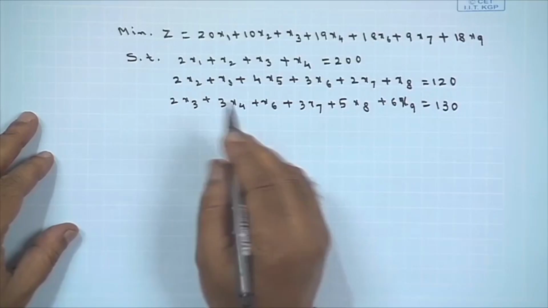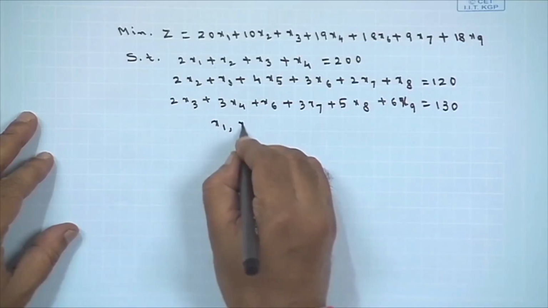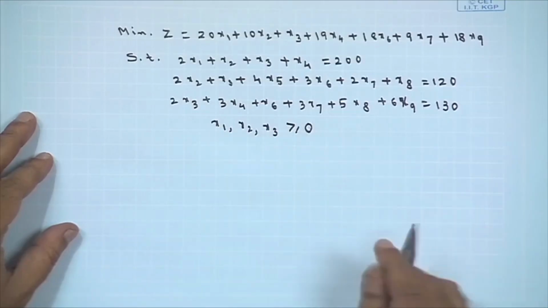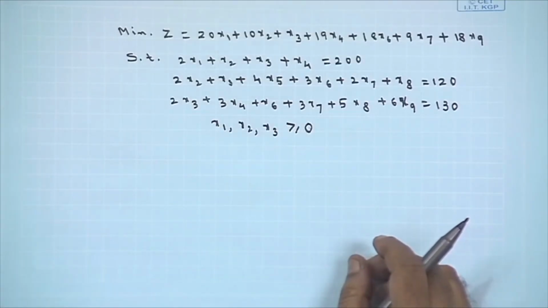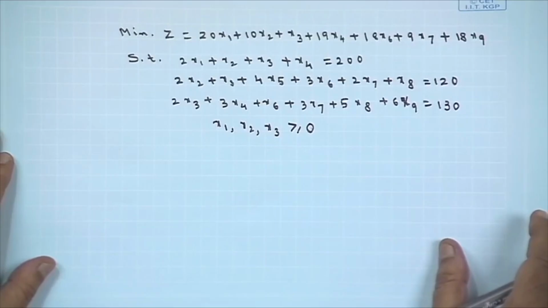And since it is number of rolls, the values of these variables x1, x2 and x3 should be greater than or equal to 0. Like this way we can formulate the problem, or convert it into a corresponding LPP, and then try to find out the solution of the problem. So, this is one thing.